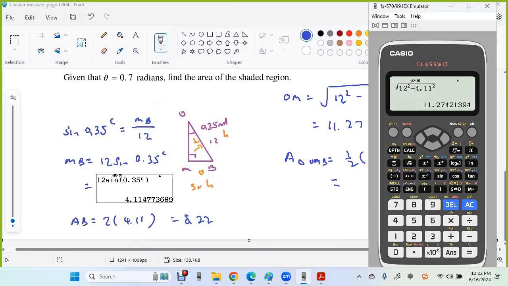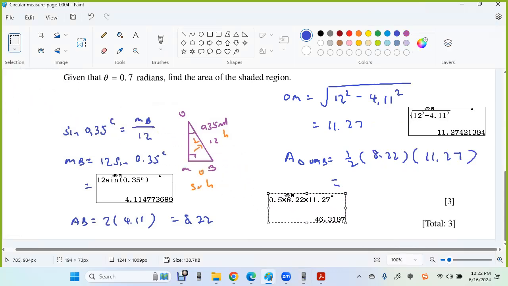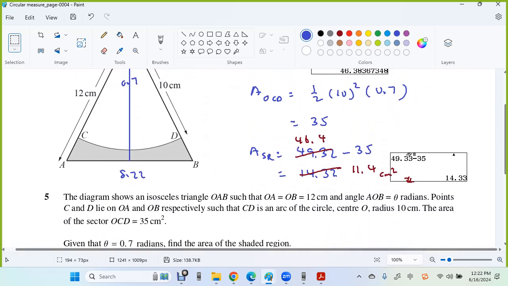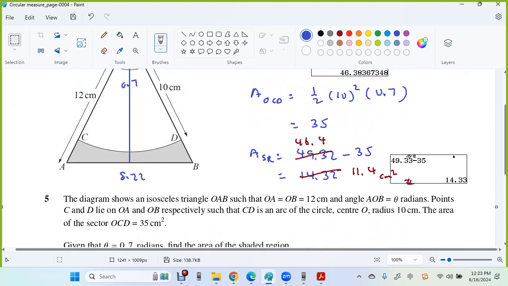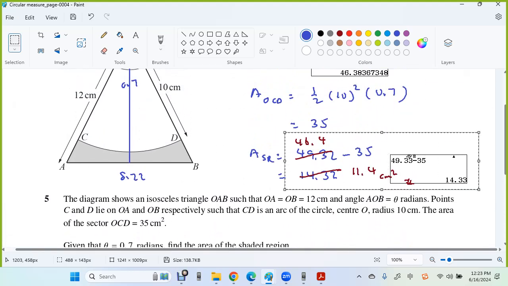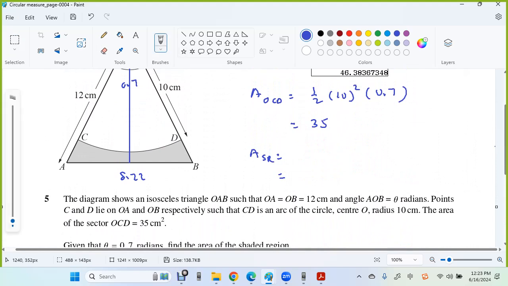So we have 0.5 times 8.22 times 11.27, so it's 46.3 cm squared. So this is 46.4 minus 35, then it is 11.4 cm squared.